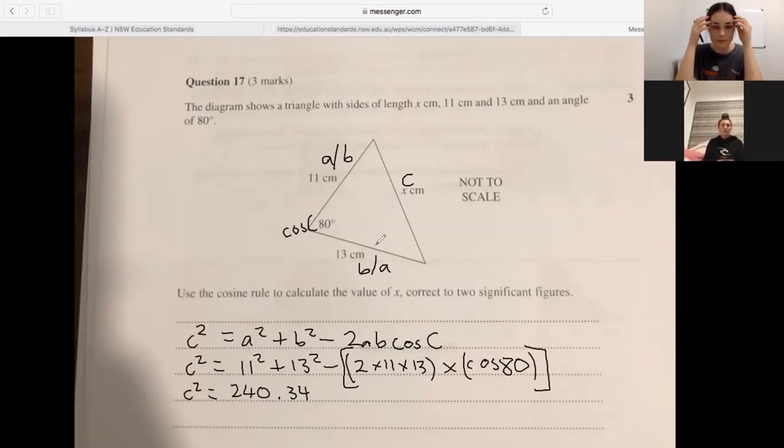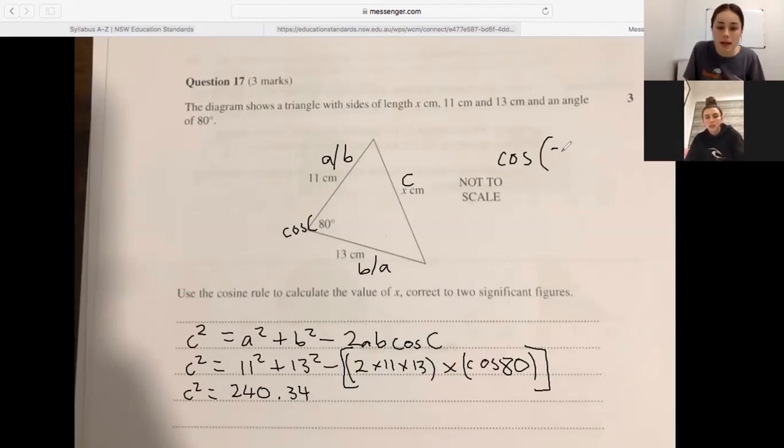With the cos C at the end, do you know how I go 11 then times 13? Do I go times cos C? Yeah. And when you press cos, it will come up with cos and a bracket.